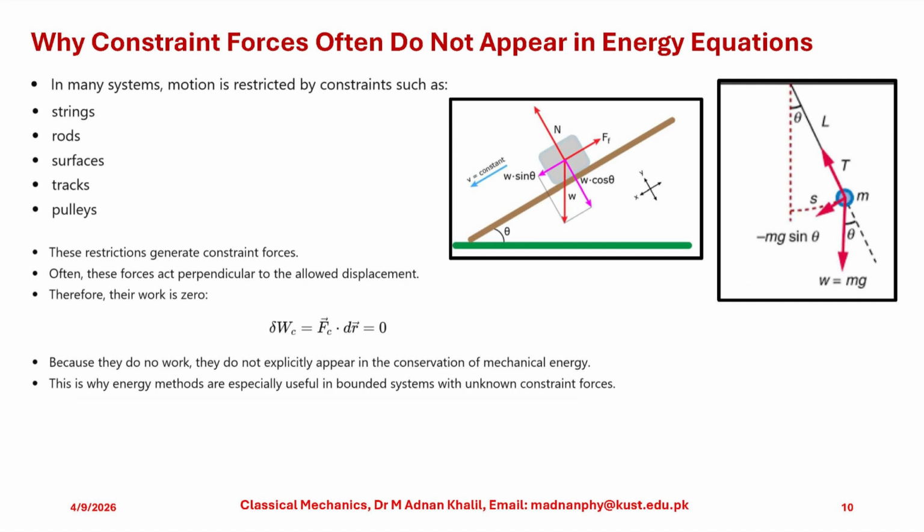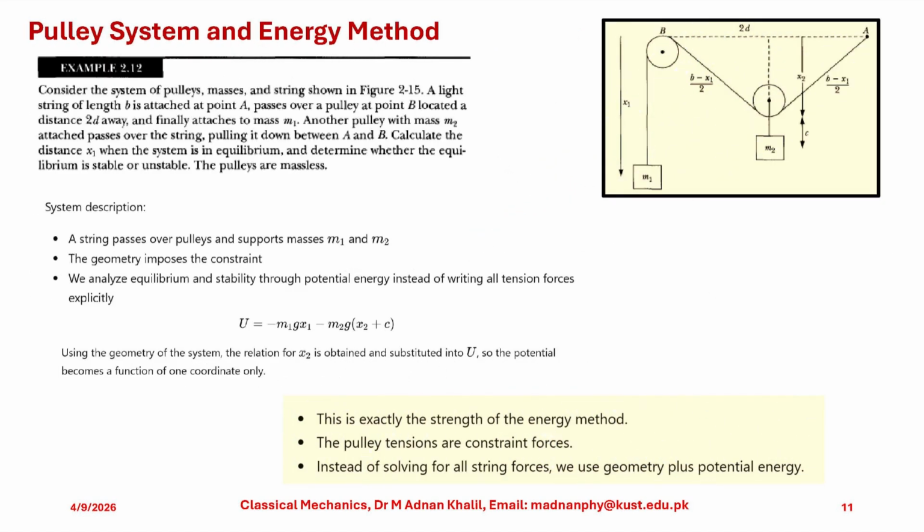Again, tension is perpendicular to motion, so it does no work. And that is why the energy method is handy in such constraint systems, because it allows us to ignore many unknown constraint forces and focus only on the forces that do work and change the mechanical energy.